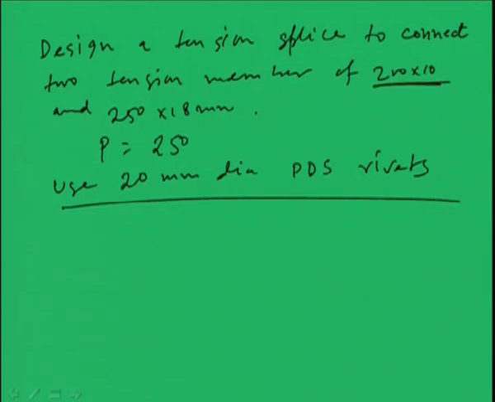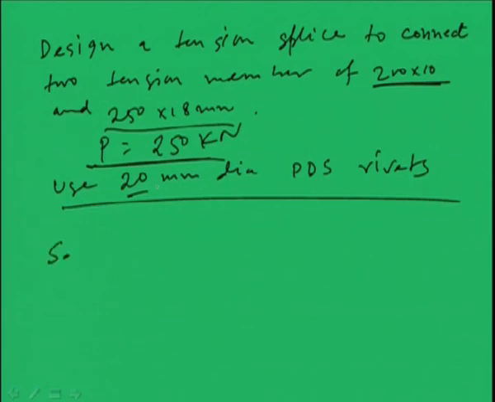The member sizes are 200 by 10 and 250 by 18 mm and the force acting on the members is 250 kilonewton tensile force. Now, use 20 millimeter diameter power driven shop rivets. So, with this let us design the tension splice.